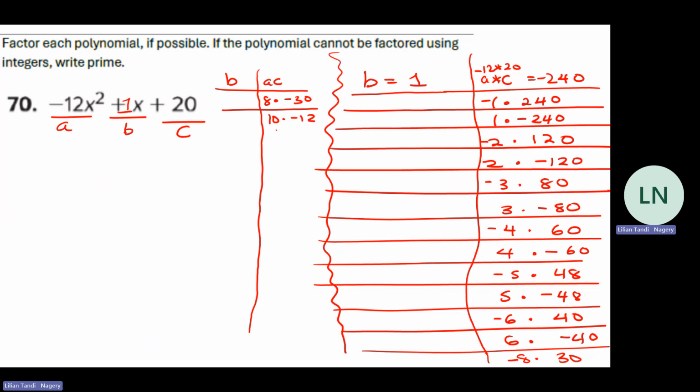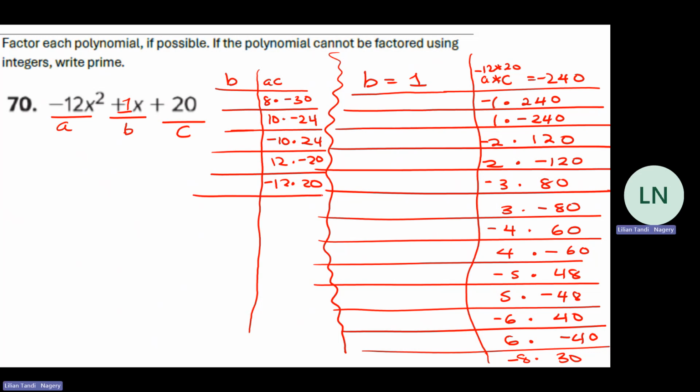10. So you're going to do 10 times negative 24. Negative 10 times 24. 11, no. 12. 240 divided by 12 is 20. So this is negative 12 with positive 20.